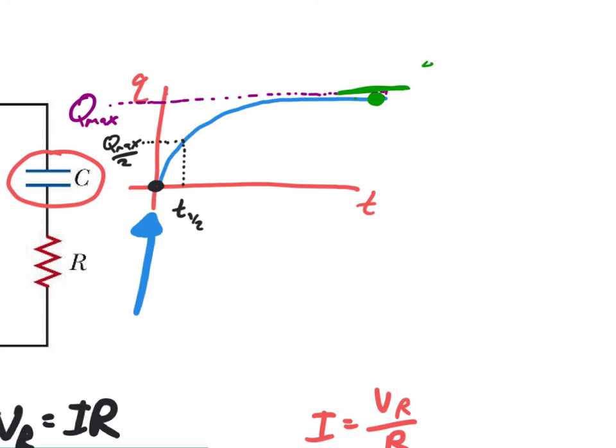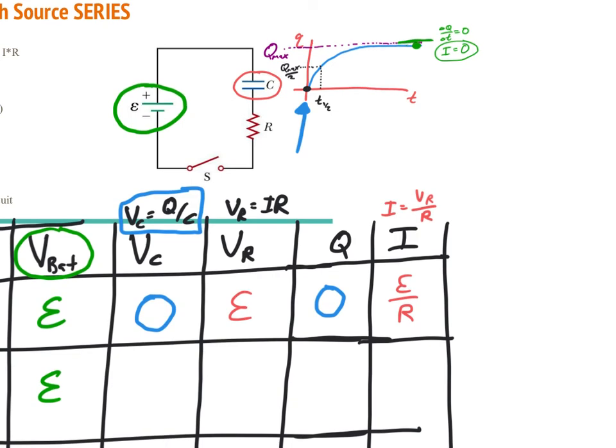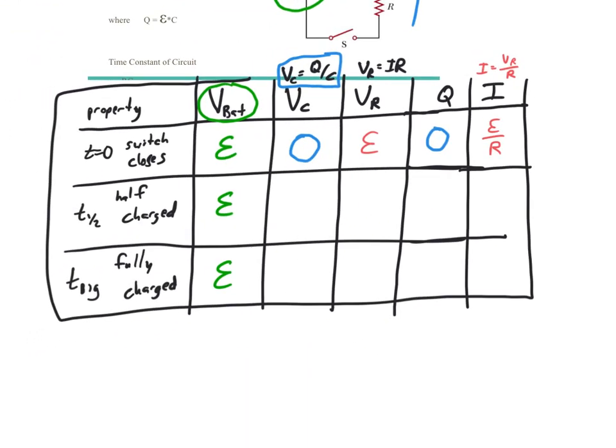Delta q over delta t is equal to 0. Also remember that delta q over delta t is the same as the current, by definition. Therefore, the current at time big is equal to 0.